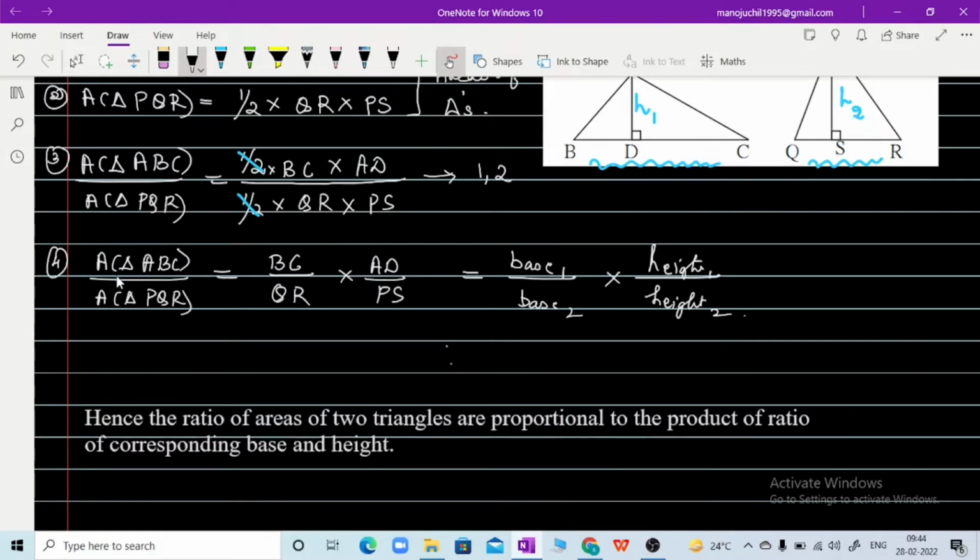Just see here, the ratio of area of triangle ABC upon PQR is equal to BC upon QR, the ratio of corresponding bases, and AD upon PS is the ratio of corresponding heights, and it's a product of it. Can you make out the statement?